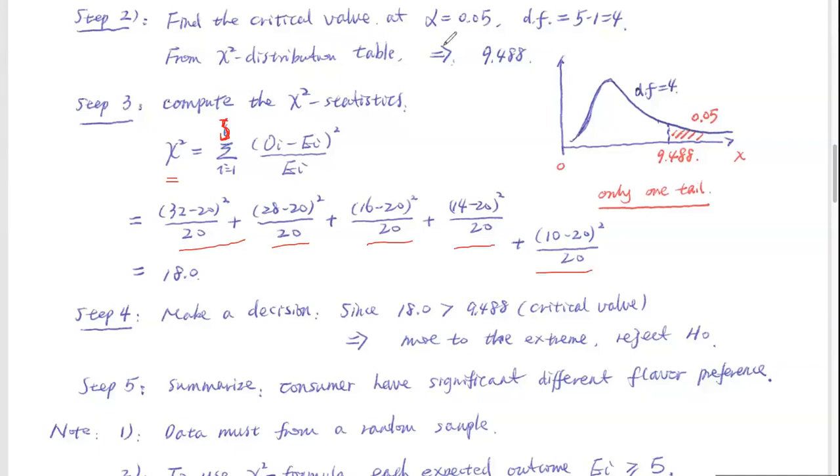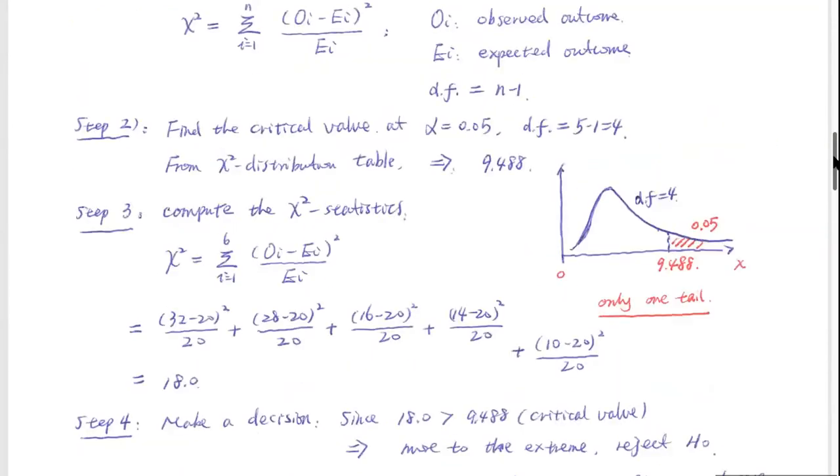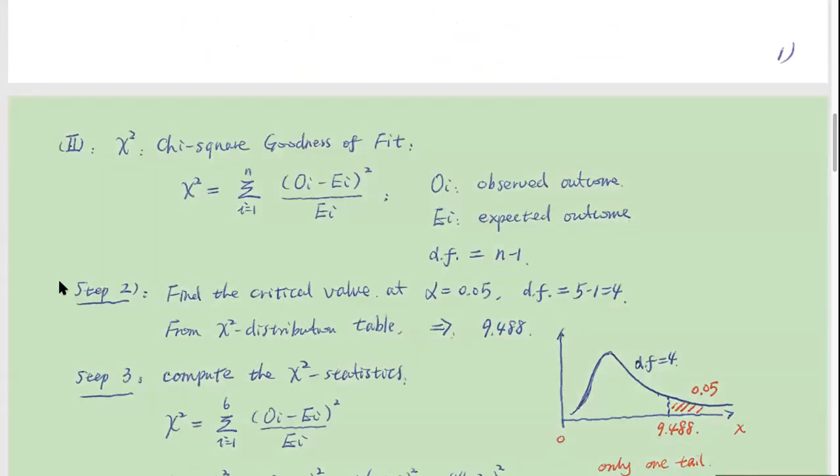All right, now after we do the calculation, we find the value from the data from the test is 17.0. Now, after the calculation, we always go back to this step here.